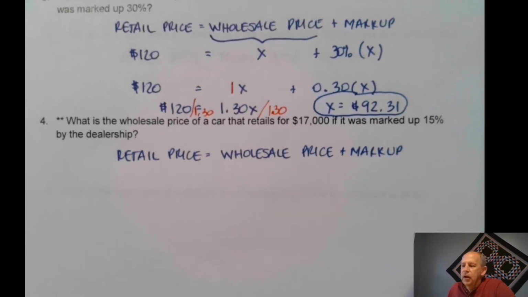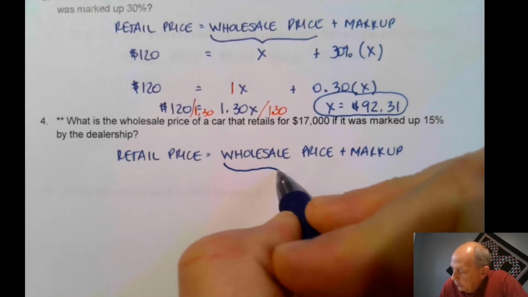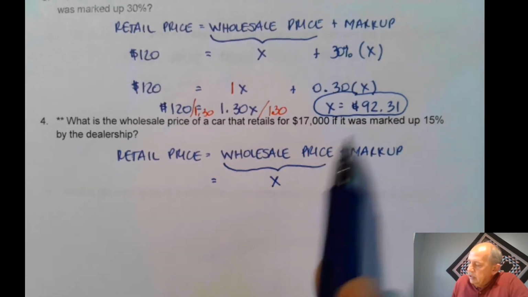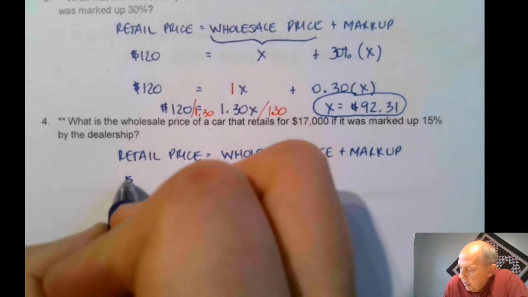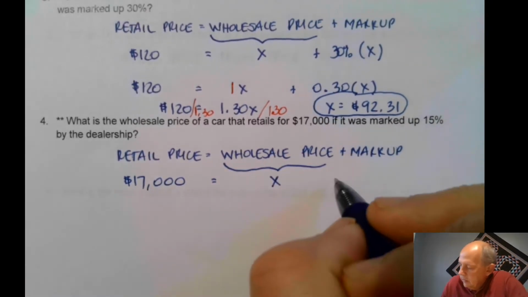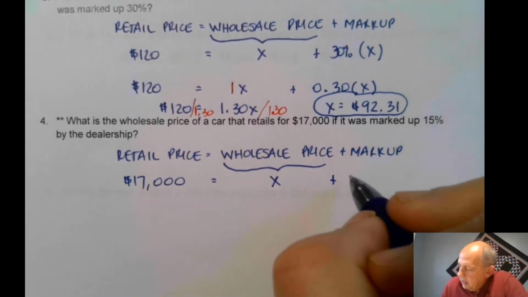Let's take a look at another one of those problems where we're going backwards. We have the wholesale price of a car that I'm looking for. I don't know what that is, but I know the price tag on it is $17,000. That's what you and I pay.